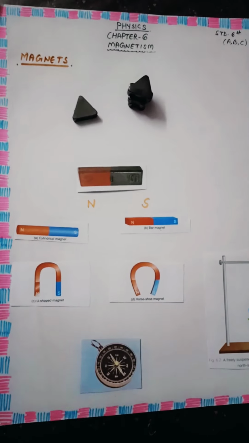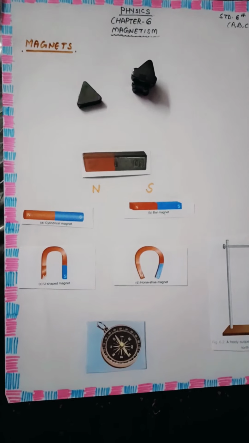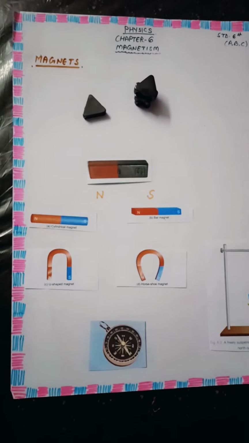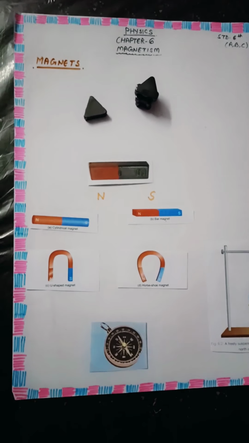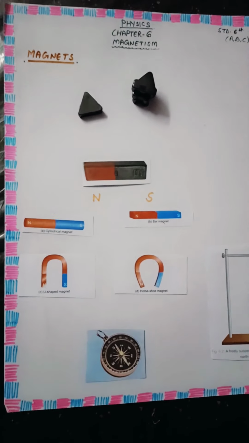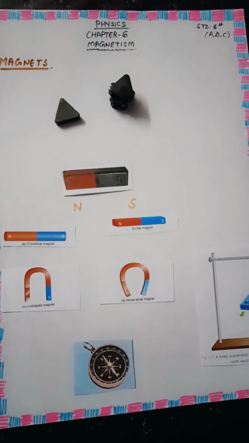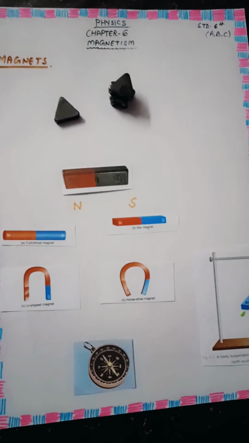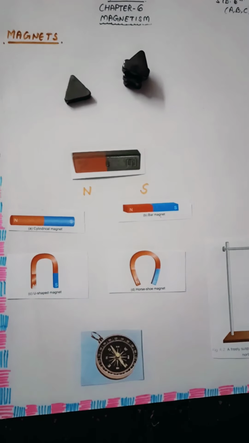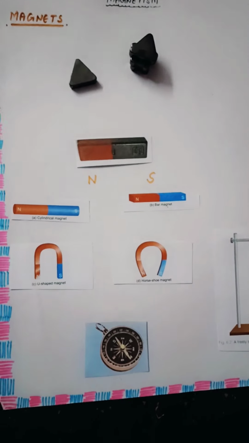Why? Because the doors of a refrigerator have magnets, so they close by themselves, as both magnets attract each other. Sometimes we leave it open and the distance is more, so they don't get closed by themselves. But many a times we see that it gets closed by itself.